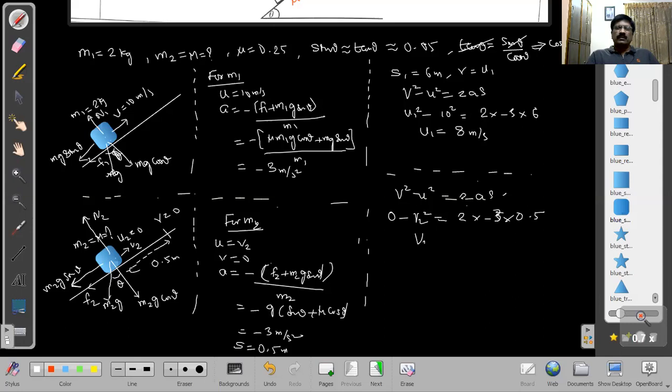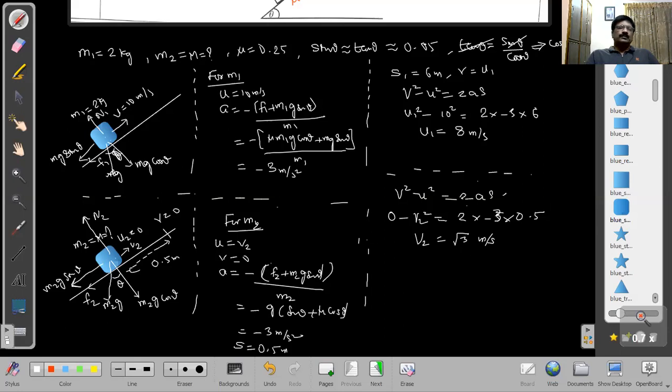When you simplify them, you will get v2 equal to root 3 meter per second. So the velocity of the second body just after collision by the first body is v2, which is equal to root 3 meter per second.